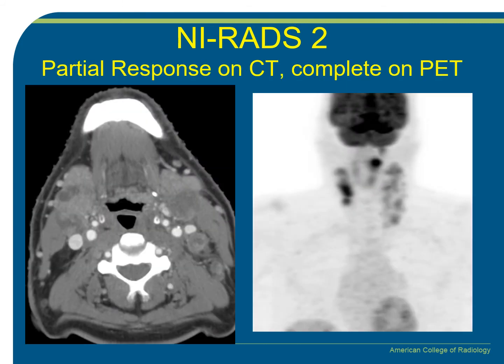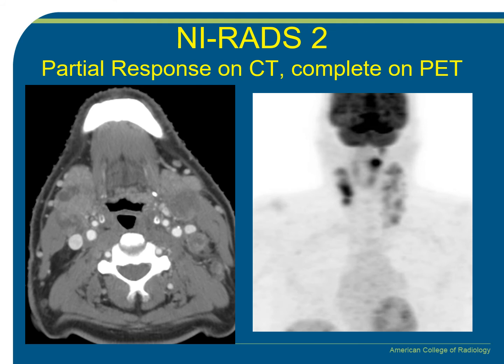Another situation where NI-RADS 2 is appropriate is when you get a partial response on CT but a complete response on PET. Now remember, we really trust that complete response on PET. Here's a patient who has bulky bilateral lymphadenopathy from an oropharyngeal primary, a lot of enhancement in the nodes, a lot of FDG avidity.